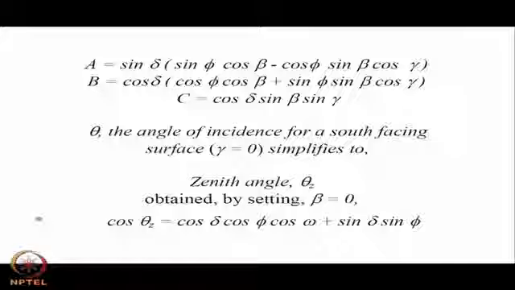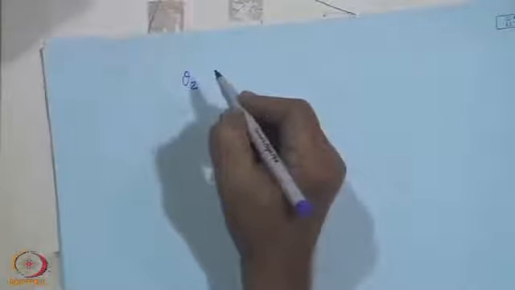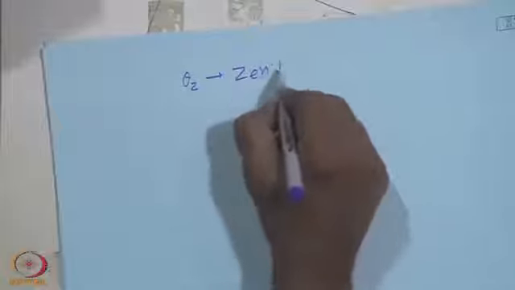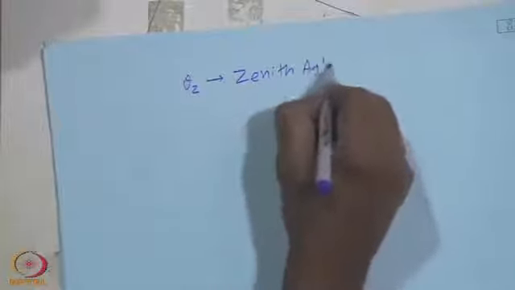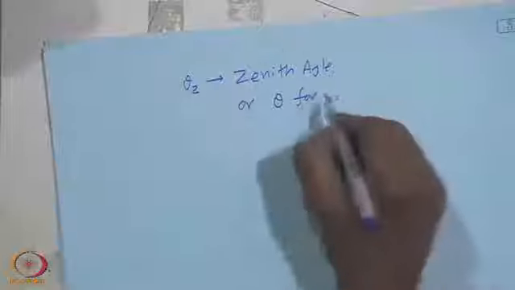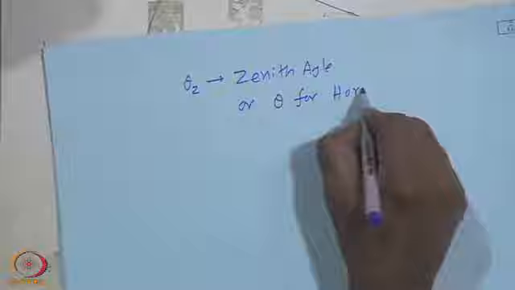Of course, a, b, c are defined in terms of the remaining things, and that so-called zenith angle, the angle between the vertical and the sun's ray, is theta z. That means it is the angle of incidence, or theta, for a horizontal surface.